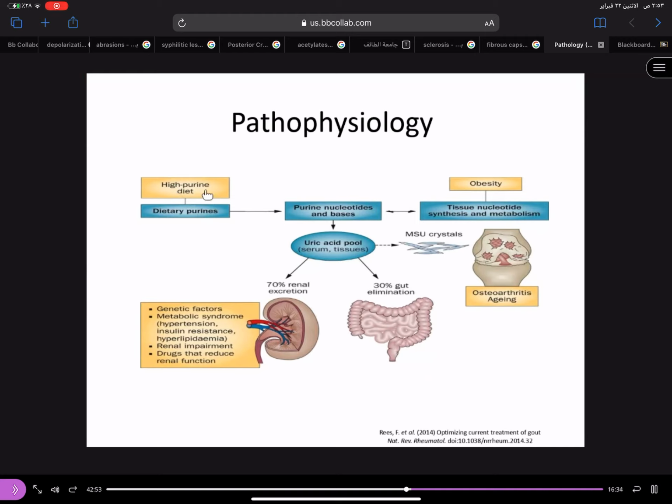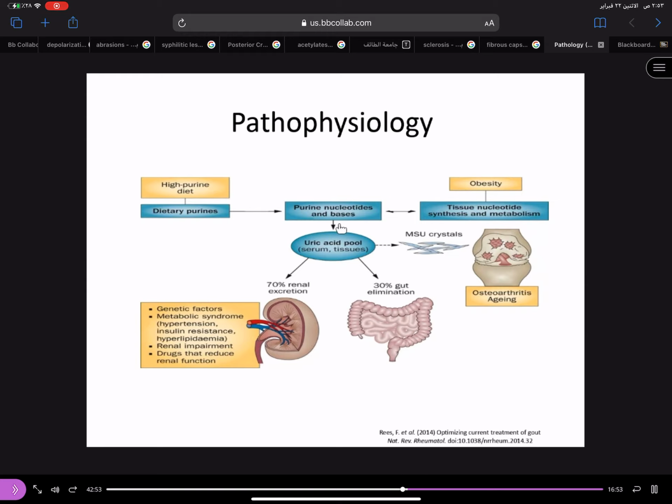So high purine diet, one of the causes. The person is eating more purine, red meats, fish, eating a lot of them. So it will lead to purine nucleotides and bases.